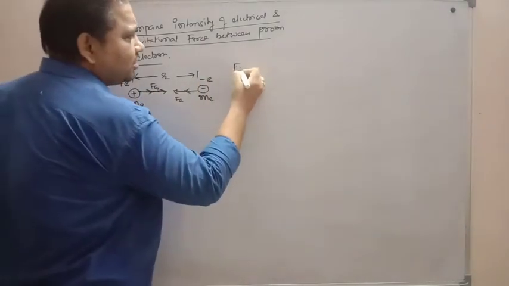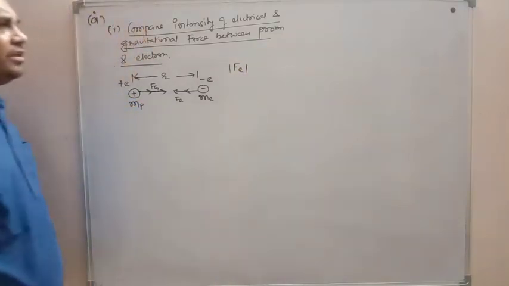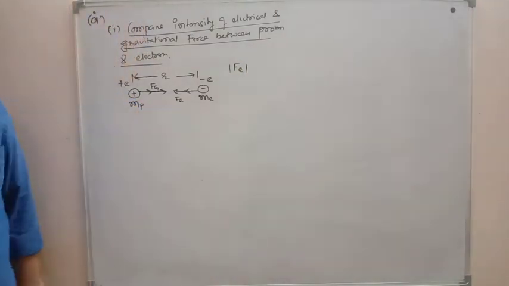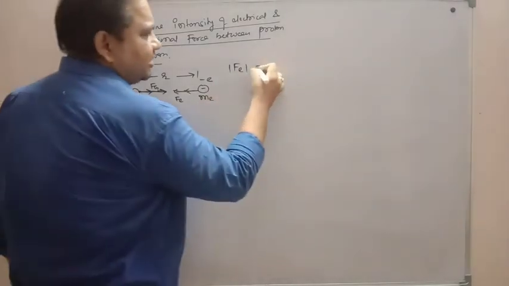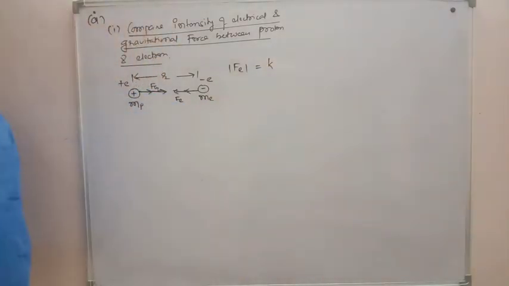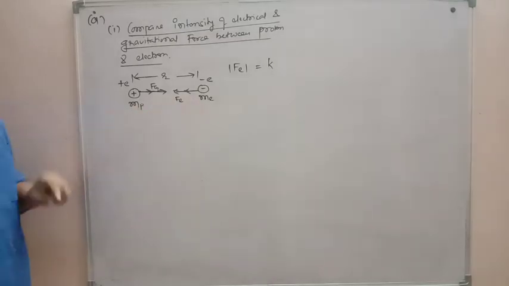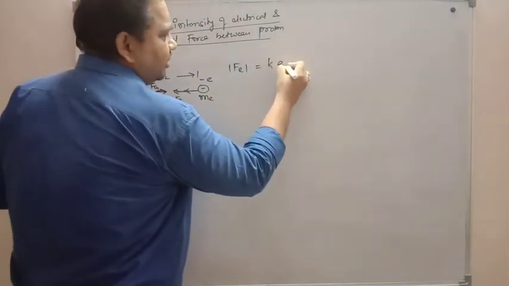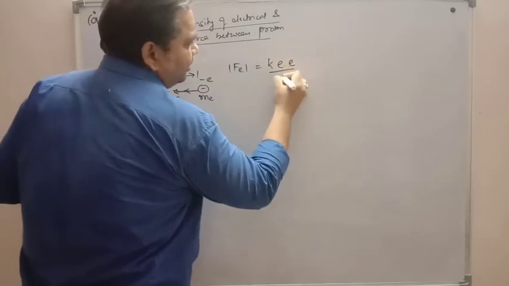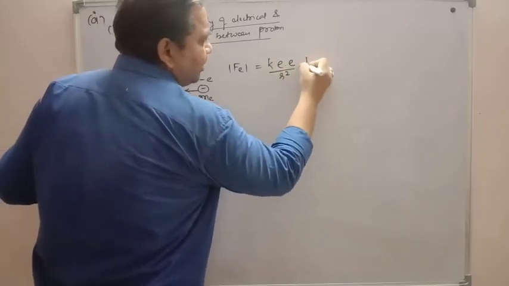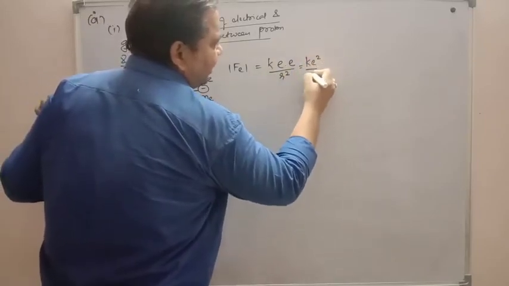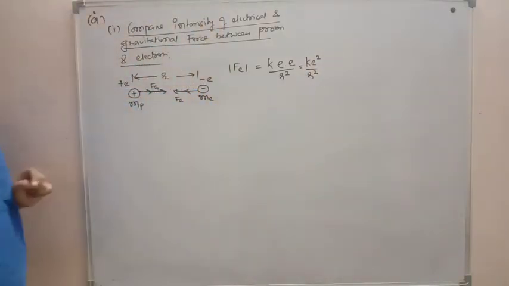The electrical force between these two charges, a proton and an electron, can be given as K into the charge of proton multiplied by the charge on electron, e into e, divided by r square. So it comes out to be Ke square by r square.